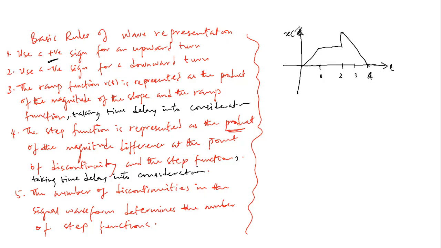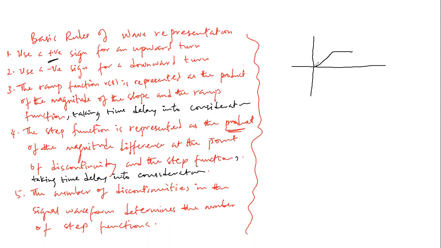So this is s of t, so this is 0. Okay. And then at this point, let's do something a little cleaner than this. Do something like this.